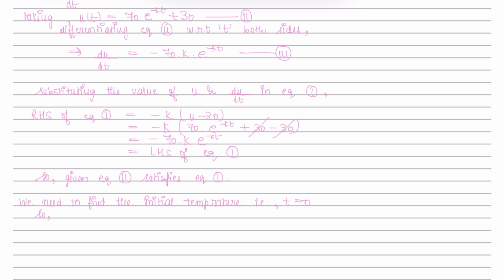So substituting t is equal to 0 in equation number 2, we get u of 0 is equal to 70 into e to the power minus k into 0 plus 30. E to the power 0 becomes 1 and we are left with 70 plus 30, which is equal to 100.